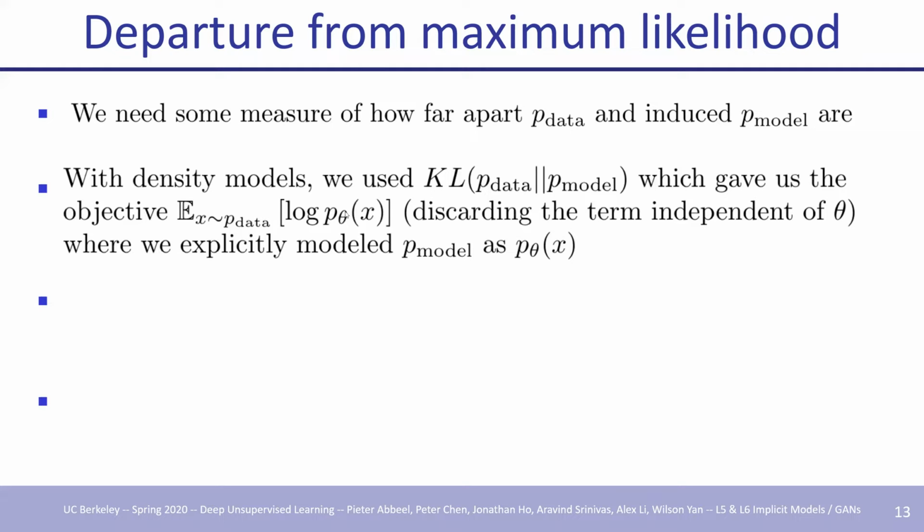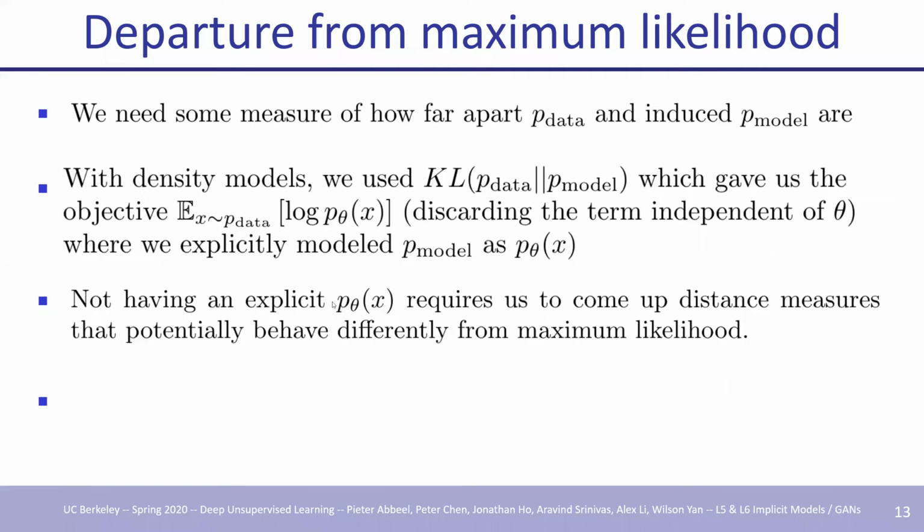So the objective is the loss function here, and then this is discarding all the terms independent of theta. And so we can just model it as p theta of x. Right, this is what we did before in VAEs and others.